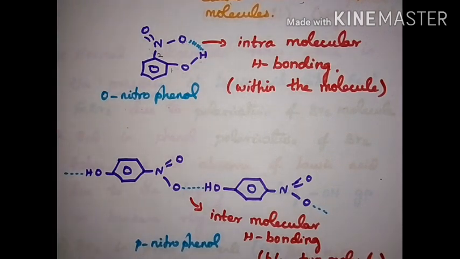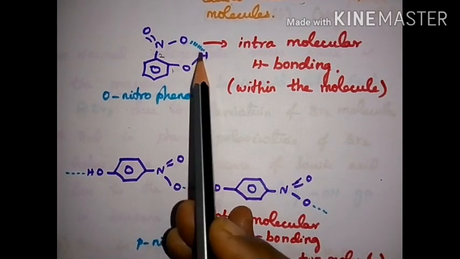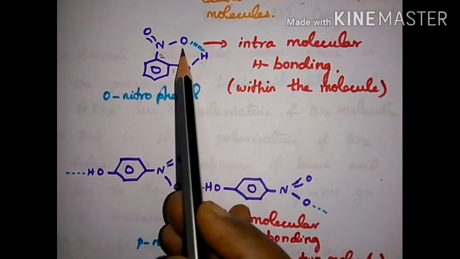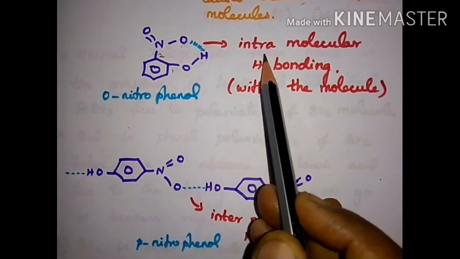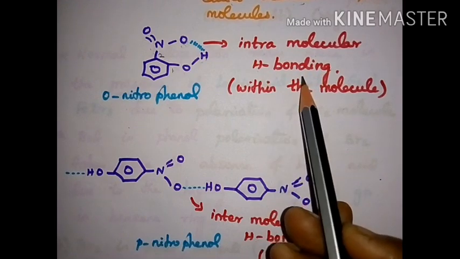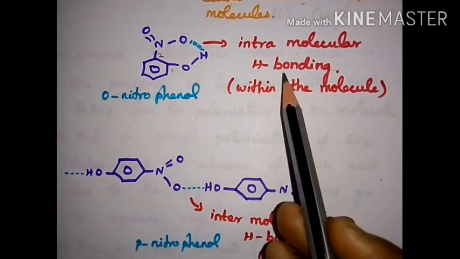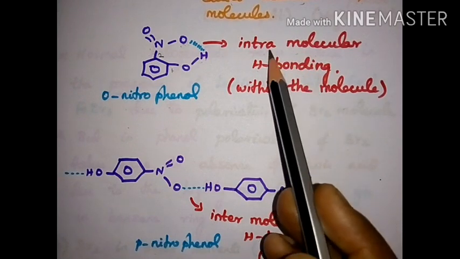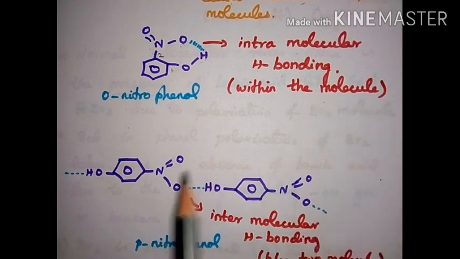Electropositive hydrogen and electronegative oxygen both have a tendency to attract each other. This is called intramolecular hydrogen bonding. Intra means within the molecule, we have a hydrogen bonding, no? So it is intramolecular hydrogen bonding, that means within one molecule.